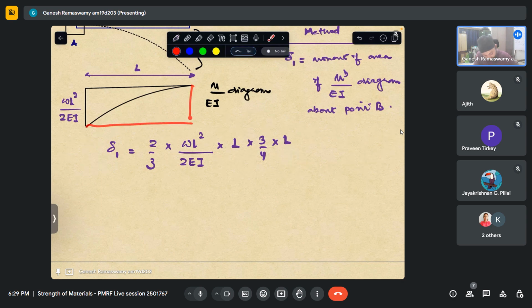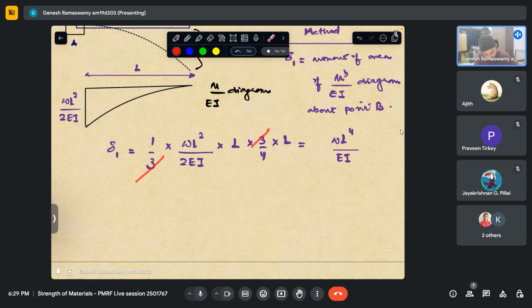See, if we were to take a rectangle like this, this parabola will actually be occupying 1/3 of this area, and the other parabola will be occupying 2/3 of the area. So actually this will be 1/3 of the actual area of the rectangle, which is WL squared by 2EI into L, into the distance of the centroid from the end B, which is nothing but 3/4 of L. So if we were to solve this out, this will be WL power 4 by EI, and then it is just a matter of calculating the coefficient.